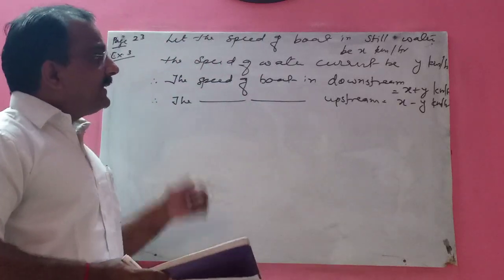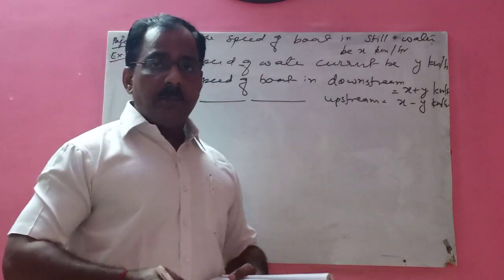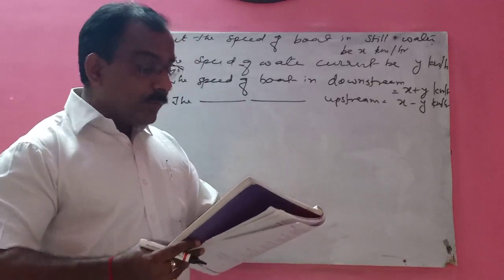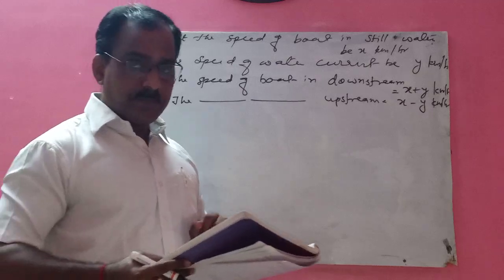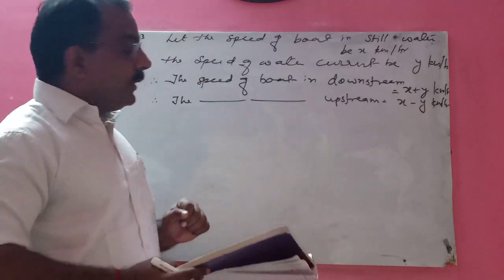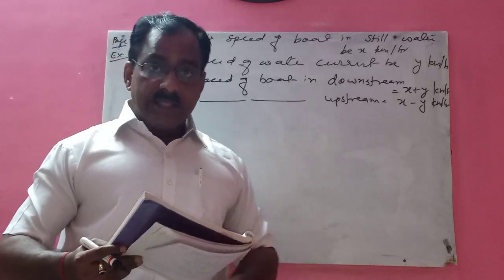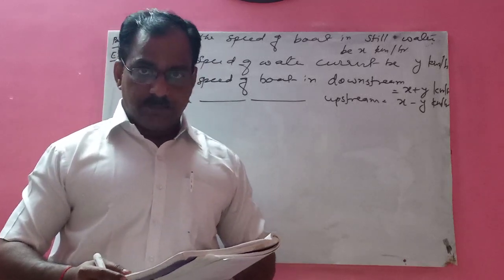Now, how much distance is travelled by the boat in upstream? It is given here, 24 in the first case. Got it? As you know the formula, children, distance is equal to speed into time.